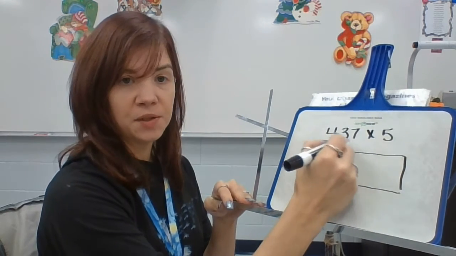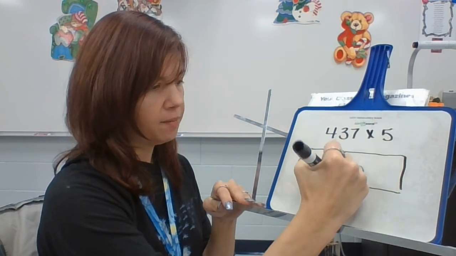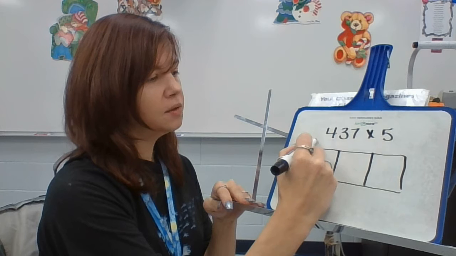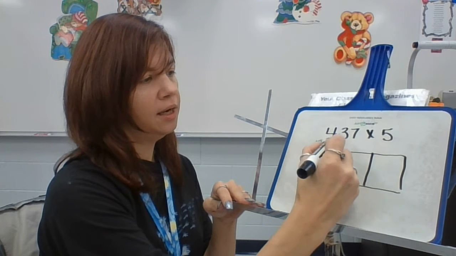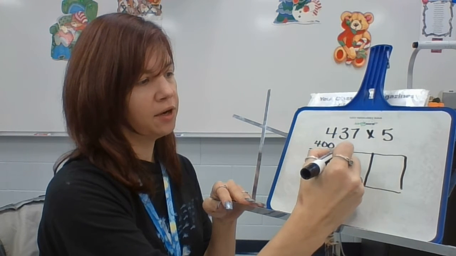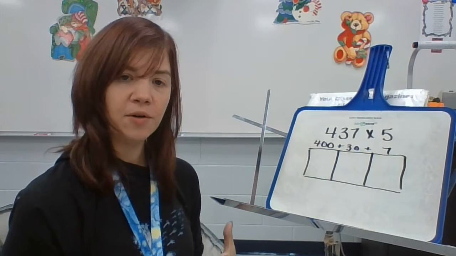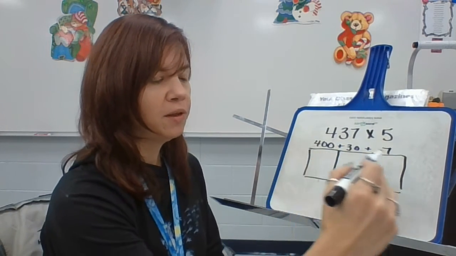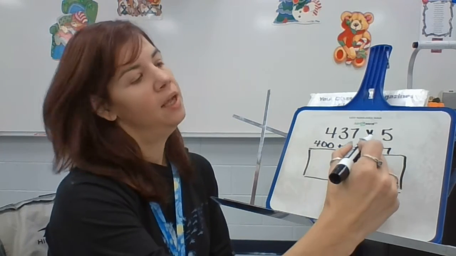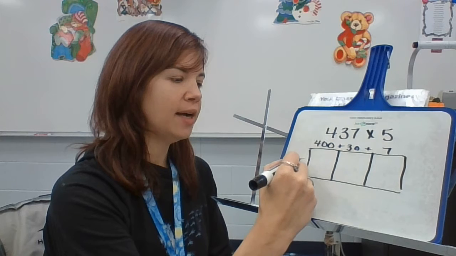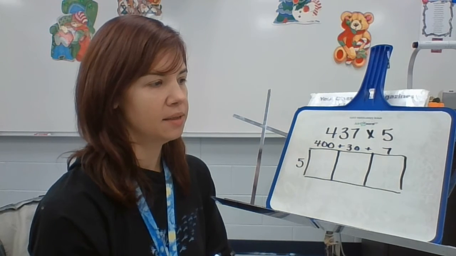My first number has 3 place values, so I need 3 boxes. 400 is what I start with. And then I have 30 and 7. And again, that's already on your paper, but you need to break apart the number if it wouldn't already be set up. And the last digit is just a 1 digit, so it means 1 place value. I don't need to add any boxes.